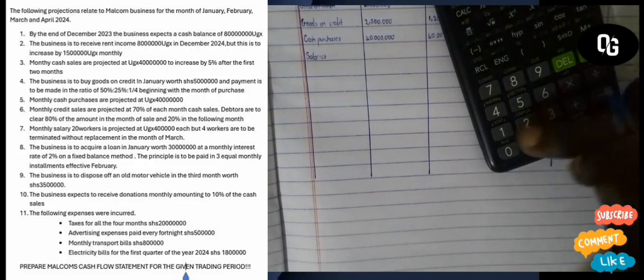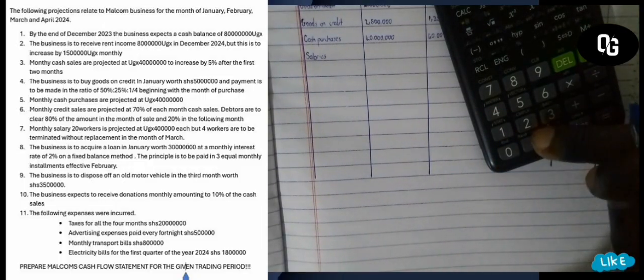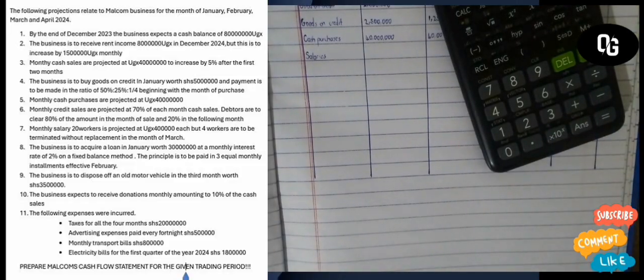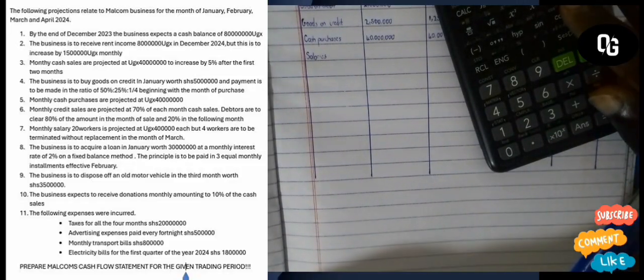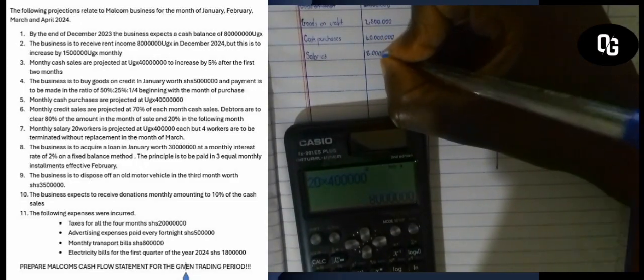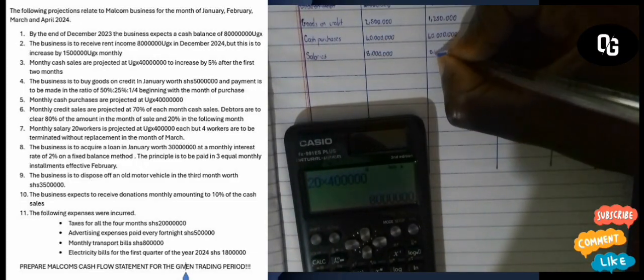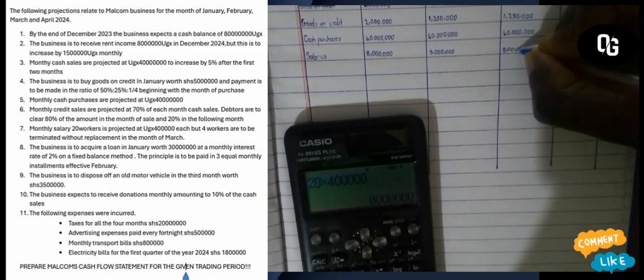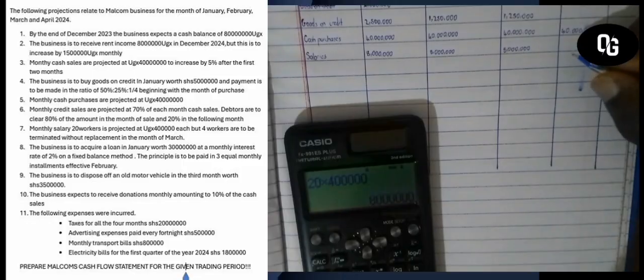So moving on, the business paid salaries. So monthly salaries for 20 workers are projected at 400,000. So for 20 workers, each received 400,000, but 4 workers are to be terminated without replacement in the month of March.